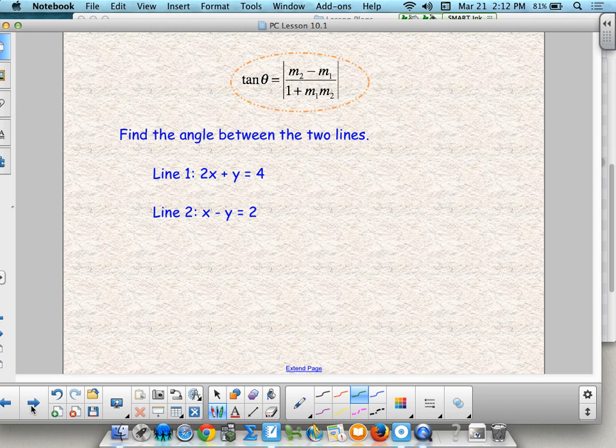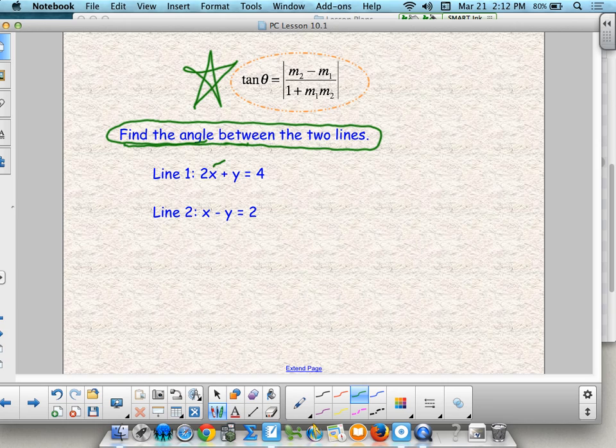Here it comes. Here is the formula we just went over to find the angle between any two lines that intersect. Find the angle between the two lines. Okay, well, to find the angle between two lines, you've got to find slope, slope, slope everywhere. So let's solve for y. Let's solve for y. These are not hard equations.